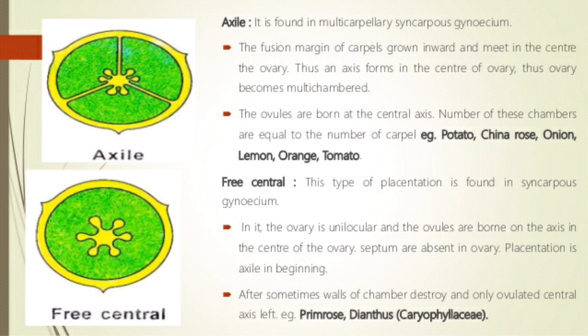After some time walls of chambers are destroyed and only the ovule-bearing central axis is left, as in the case of primrose, dianthus. Basal. The ovary is unilocular and a single ovule is borne at the base of the ovary, as in the case of marigold, sunflower, Asteraceae family.